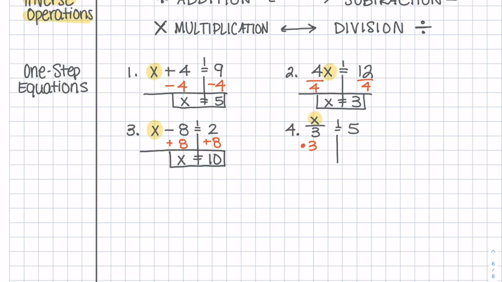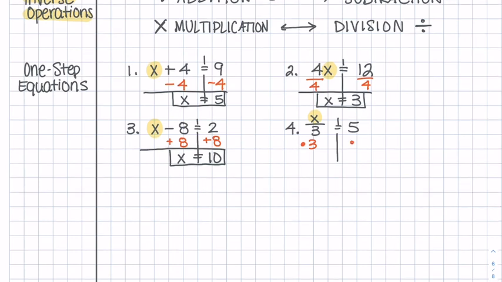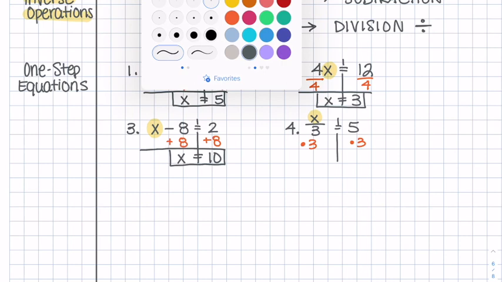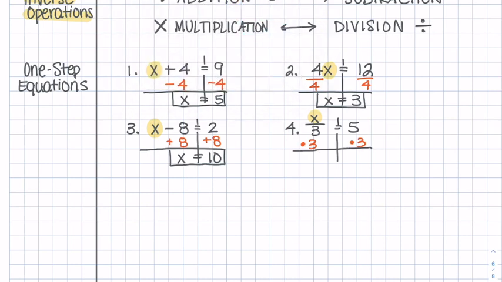So multiplied by 3, anything I do on one side, I have to do on the other side. So when I do that, if I multiply by 3, that's getting rid of the 3, so I have x alone on this side. 5 times 3 is 15, so x is going to equal 15.